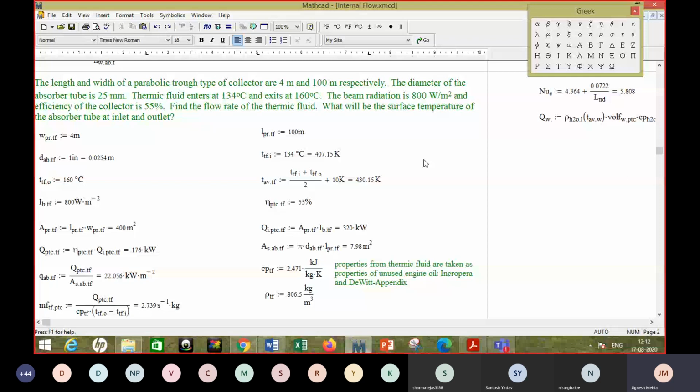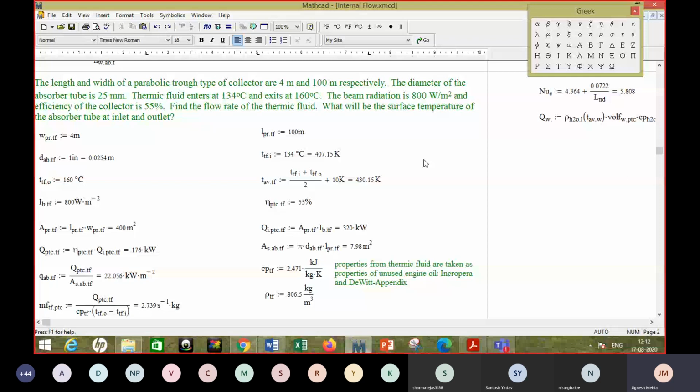The thermic fluid temperature, which is passing through the tube, is given, but that temperature is not the same as the absorber tube surface temperature. And here we are again going to assume that it's a very thin tube. So we are not going to make any distinction between the temperature of the outside surface and inside surface.